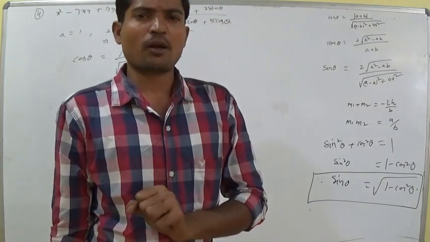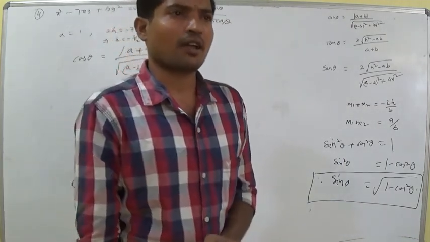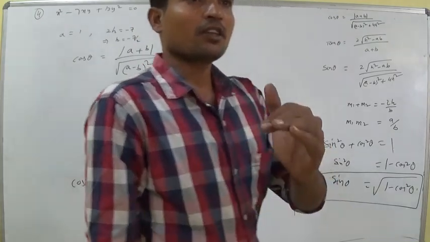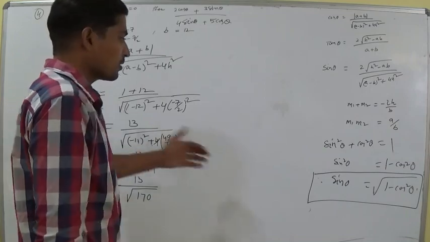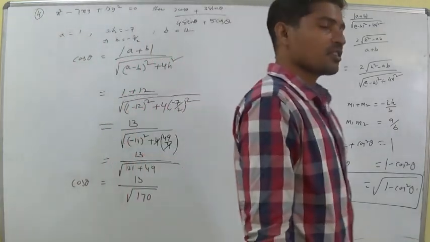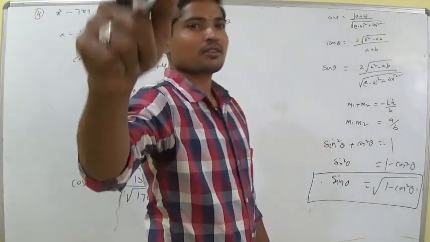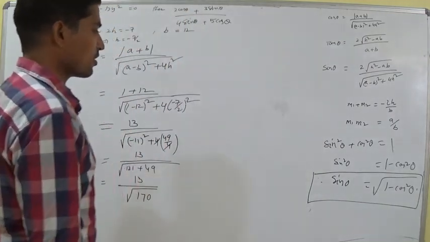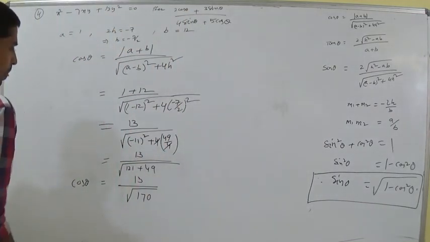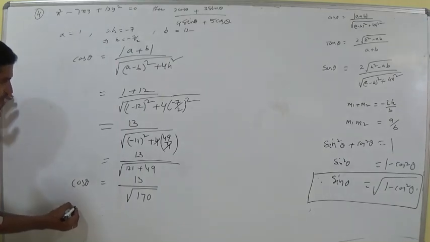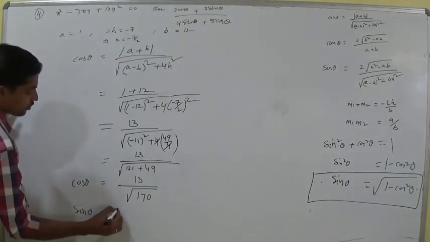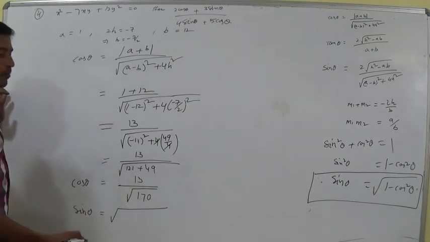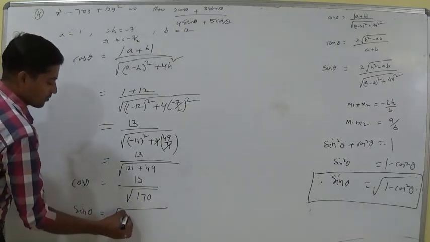You can use that formula, you can find the sin theta value. Otherwise we can use the identity sin theta is equal to square root of 1 minus cos square theta.